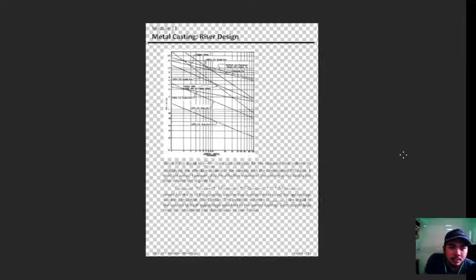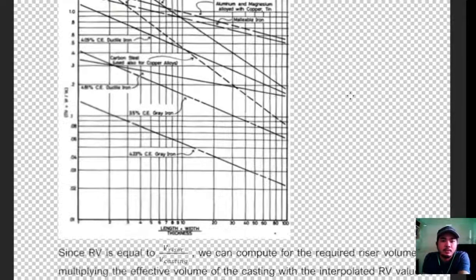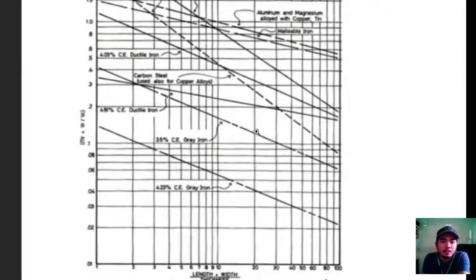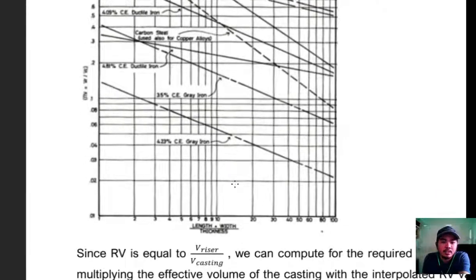Okay, so let's try an example, no? And before that, meron tayong tinatawag na NRL graphs. This is an example of an NRL graph. The NRL graph is just a plot of the shape factor on the x-axis. Ito yung shape factor natin.